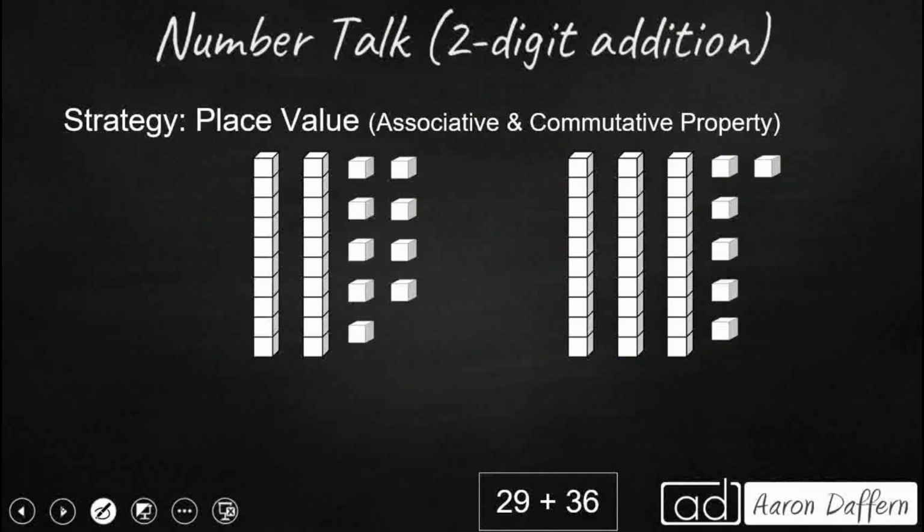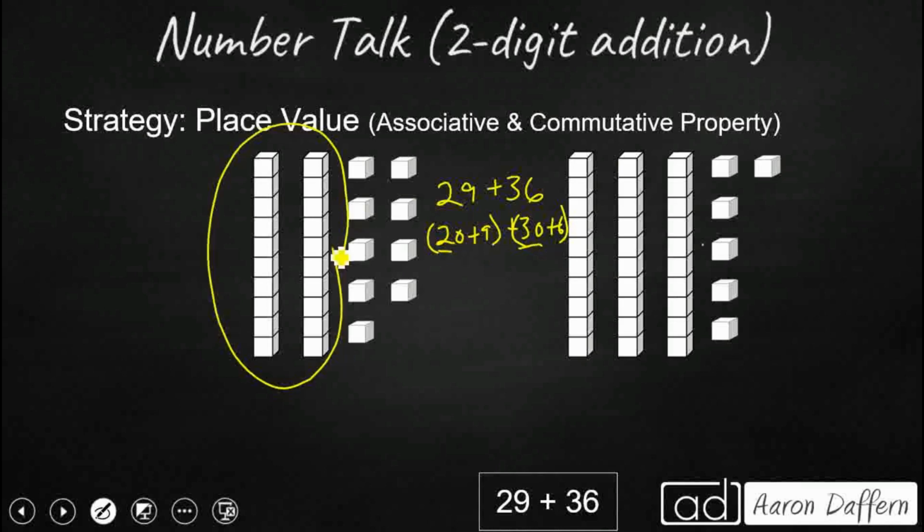Next, place value is a great strategy, and many of you go straight to this one, and that's wonderful. What we do is we take each addend and we break it apart into place value. So 29 is like 20 plus 9. 36 is like 30 plus 6. Think of it like expanded form. We're going to use both properties to reorder them and regroup them because I want to bring my 10s together.